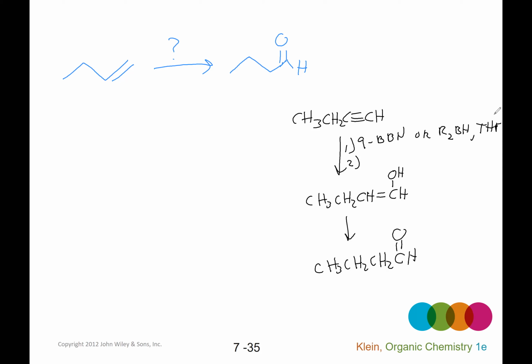You got these modified BH3 reagents that prevent these side reactions, and then you do the normal H2O2 sodium hydroxide. That gives you the anti-Markovnikov addition of water, and then this isomerizes to the aldehyde, okay?